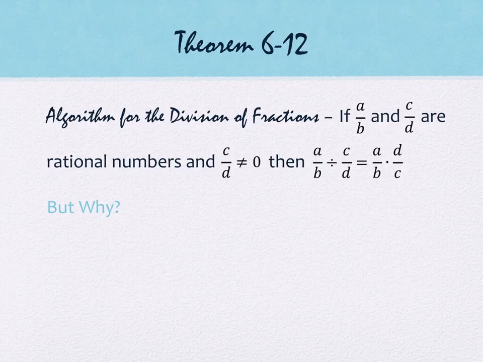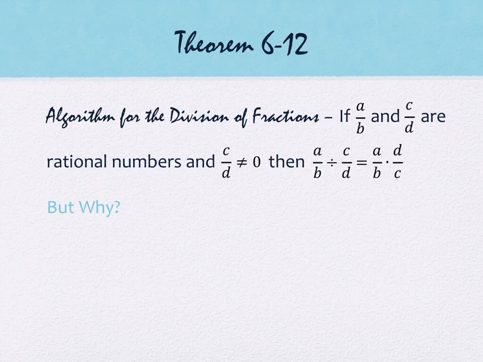There is an algorithm for division, and I know you guys have seen this used before, and there are different mnemonic reminders for thinking about it. Let me just identify this with you, and then I'll actually show you the real reason why it works, not just the mnemonic device for remembering that it does. Algorithm for division of fractions: if a over b and c over d are divided.